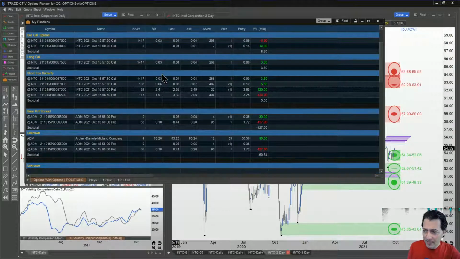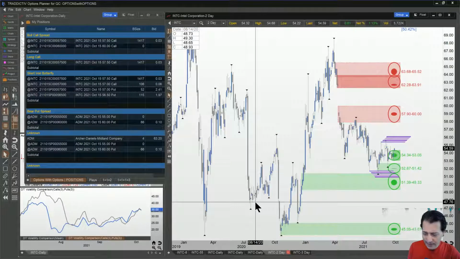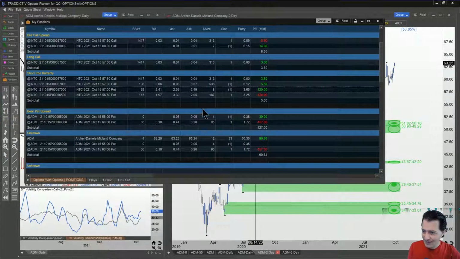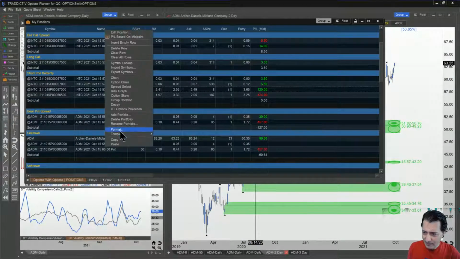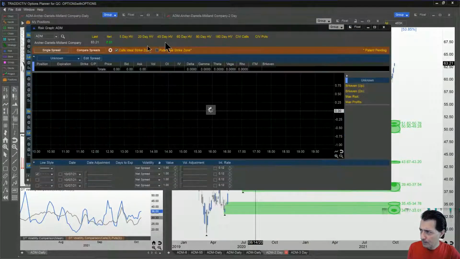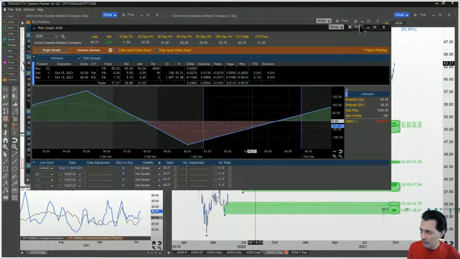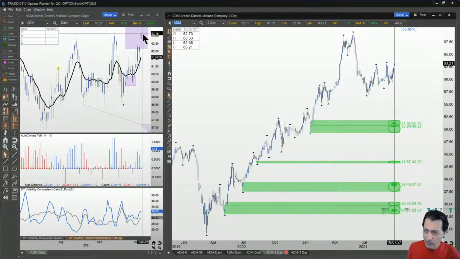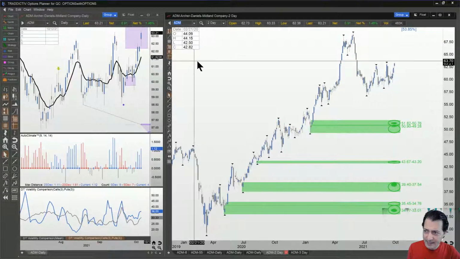When it comes to ADM, let's take a look. This is our teaser trade, isn't it? Let me bring up ADM because here we got something happening, and I want to point at it. I'm just opening a risk graph. Let me float it. With ADM, we are currently trading at 63.21.